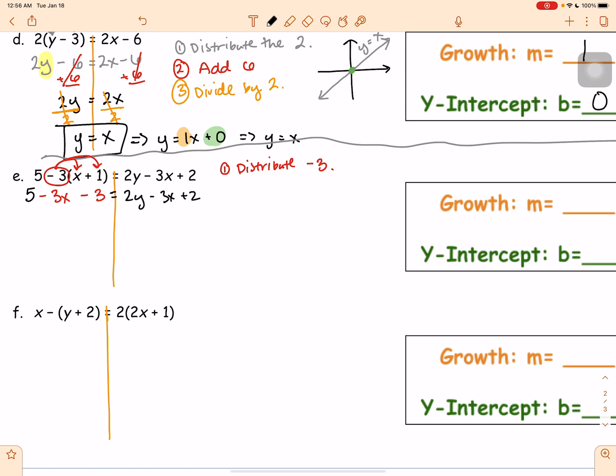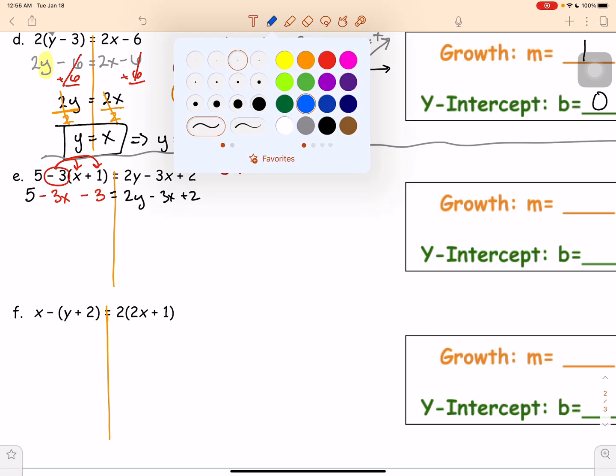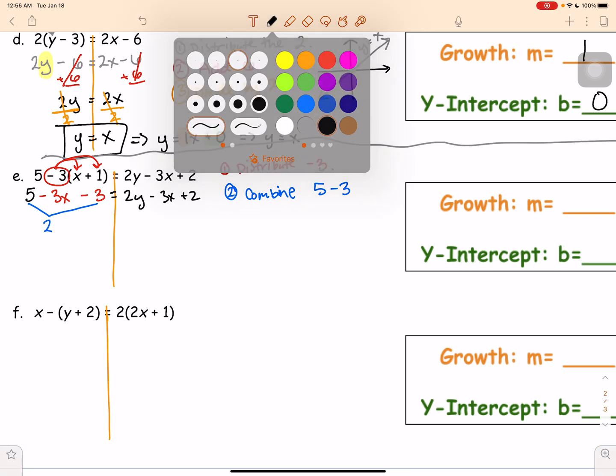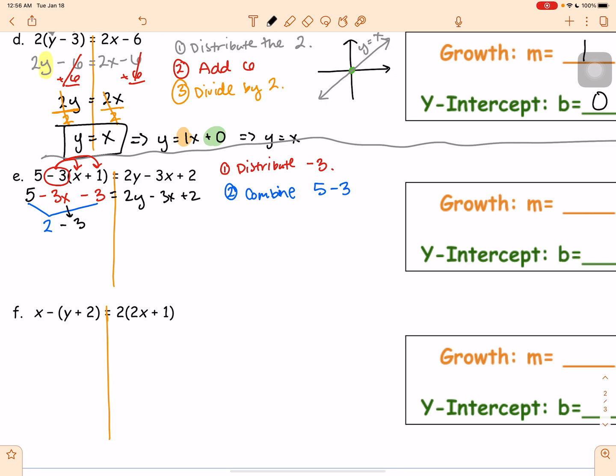And then looking here, I don't see anything I can combine on the right side, but on the left side, I can combine 5 minus 3. And I'm talking about that 3 there, not the one with the x. Okay? So 5 minus 3 is 2. And then I still have that minus 3x here.